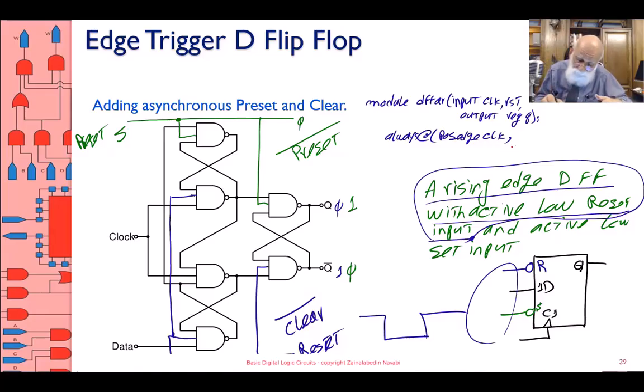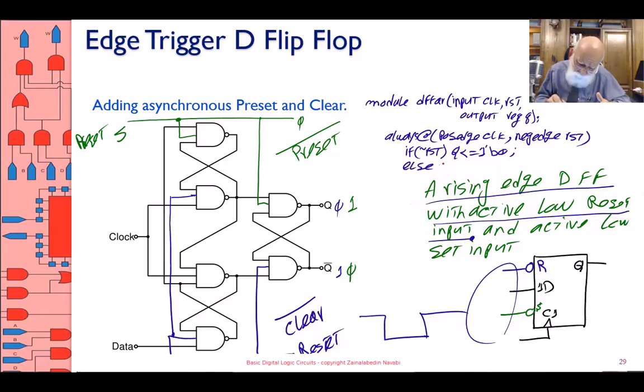And therefore, negate: when it becomes 0, reset. If reset, or ST I'm calling it, tilde ST, that means if it's 0, Q gets 1'b0, else Q gets D in.